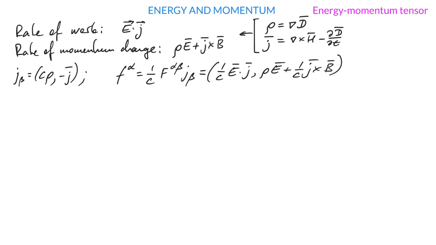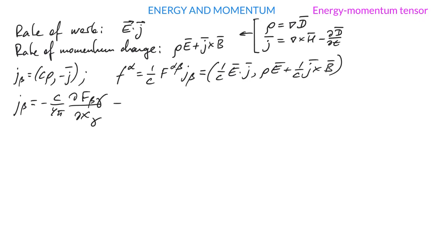So let's see how this works. Maxwell's equations give us the expression of J beta in terms of the field strength tensor. That's minus c over 4 pi d F beta gamma by dx gamma.